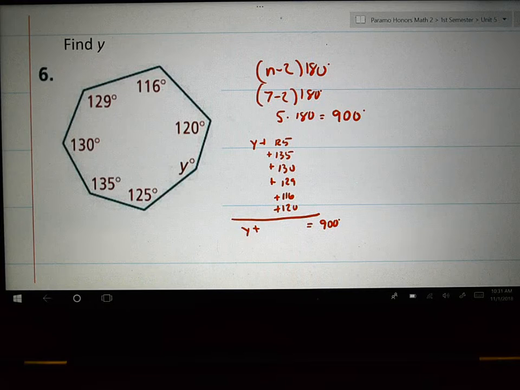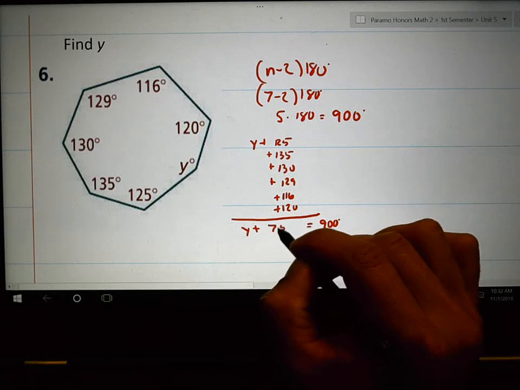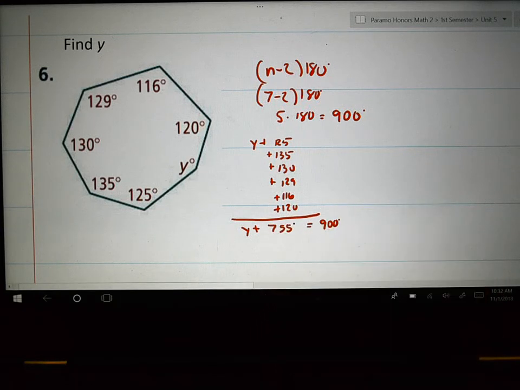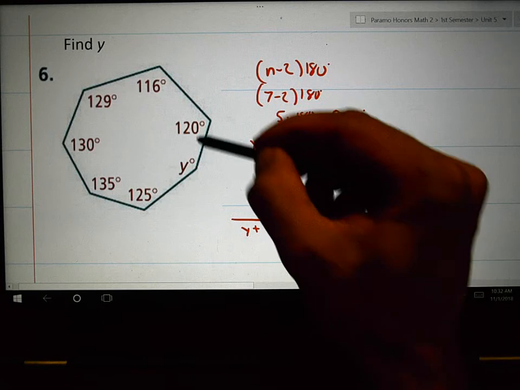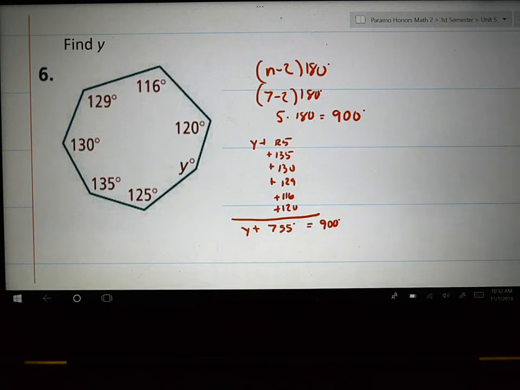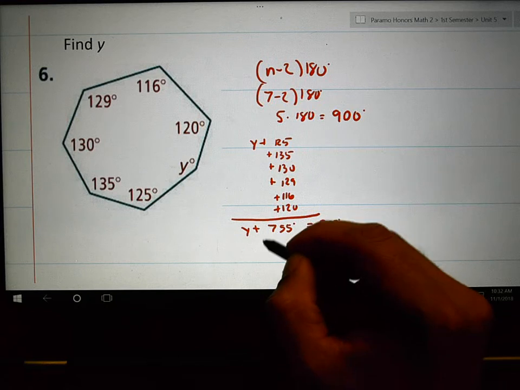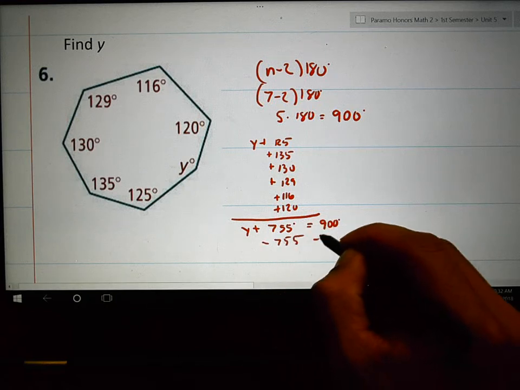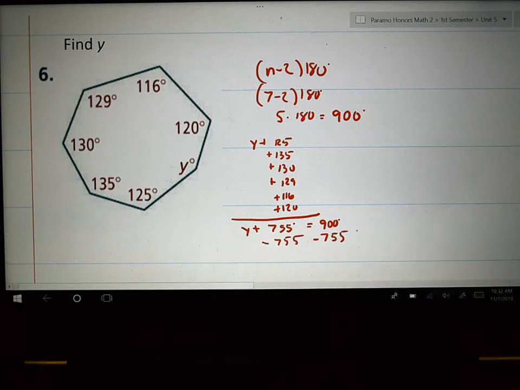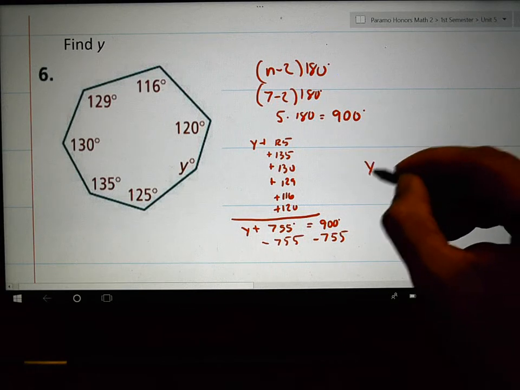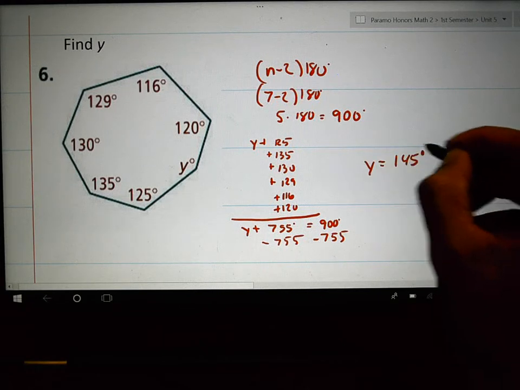It will save you time on all that computation. I've added all these up together and I'm getting 755 degrees for that part. These 6 angles add to 755, plus y should add up to 900. So all I have to do now is subtract 755 from 900, and I'm getting that y is equal to 145 degrees.